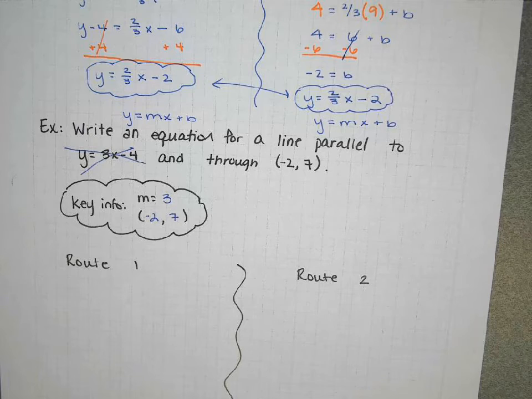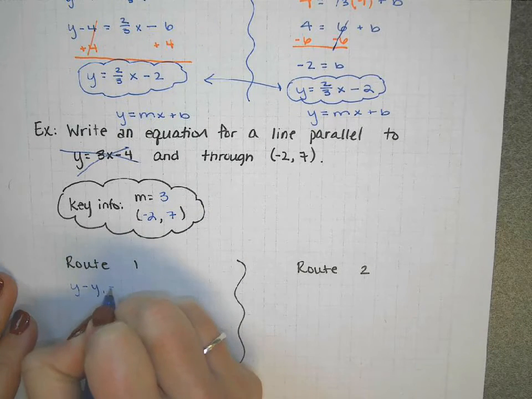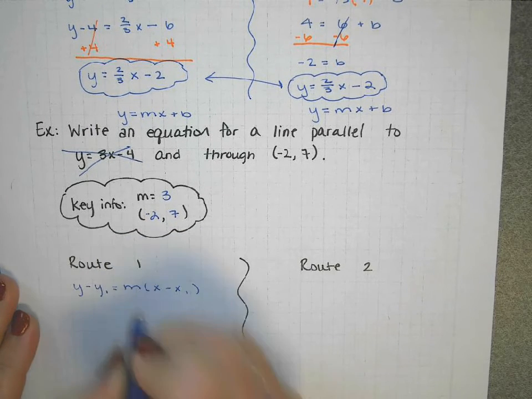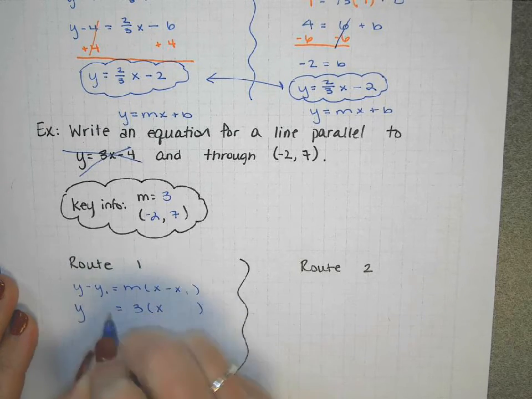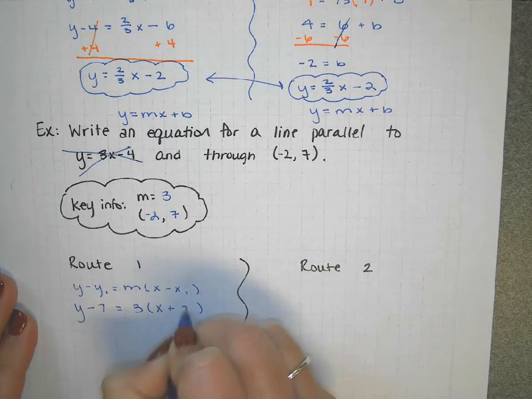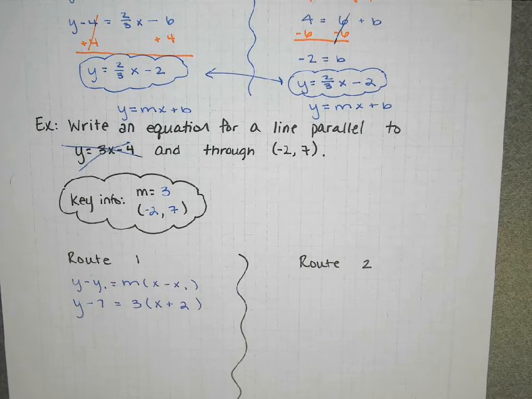Okay? You can take route 1, which was the point slope form, where we're going to plug in m is 3. The y1 would be 7, and the x1 is going to be adding 2, because remember they show up opposite of the point as they do in the equation. Now, we have to solve this so we get y alone.